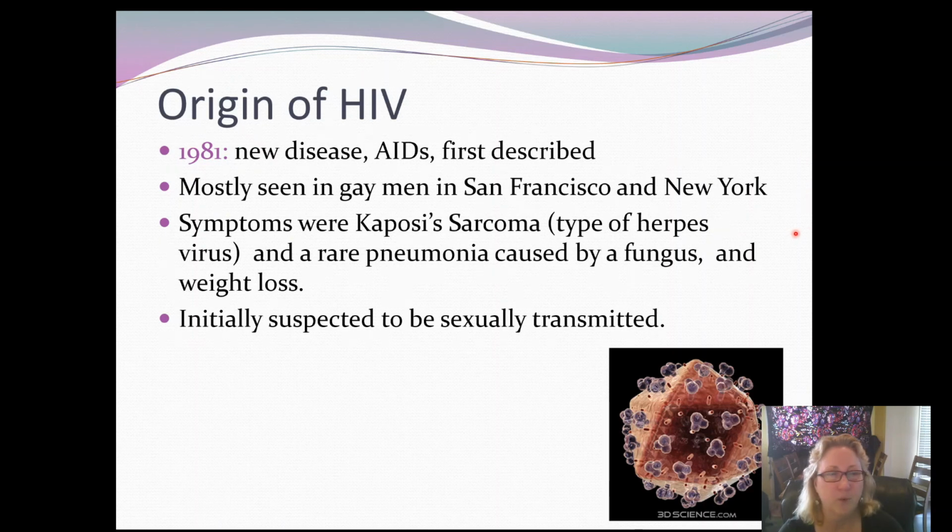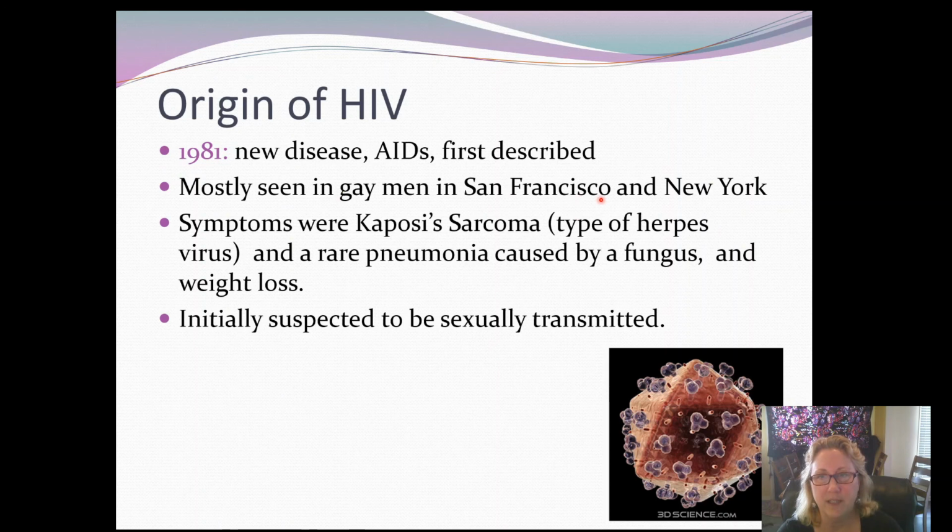Young men who were healthy suddenly had a rare type of fungal pneumonia, which is usually only seen in people who are severely immunocompromised, a rare type of skin cancer that's usually only seen in the elderly, Kaposi sarcoma, which we now know is caused by a herpes virus, but that was not known in 1981, and chronic weight loss. And then they would eventually succumb within a couple of years of being diagnosed. And some of the patients knew each other, and some of the patients were sex partners.